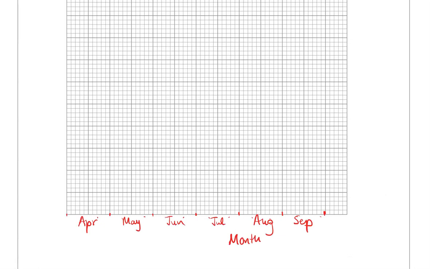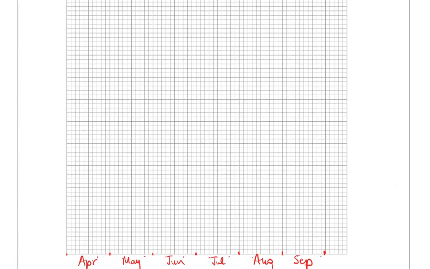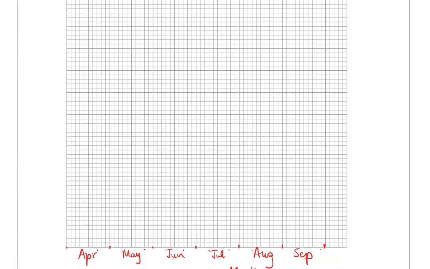So 1, 2, 3, 4, 5, 6, 7, 8, 9, 10, 11, 12, 13, 14, 15. So if we do 2 degrees per 1 square, we could go up to 30, so that should work.